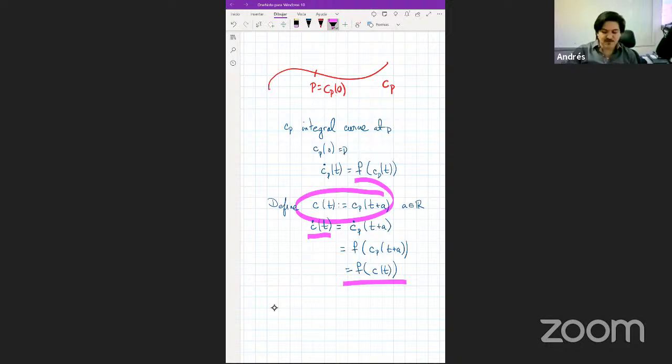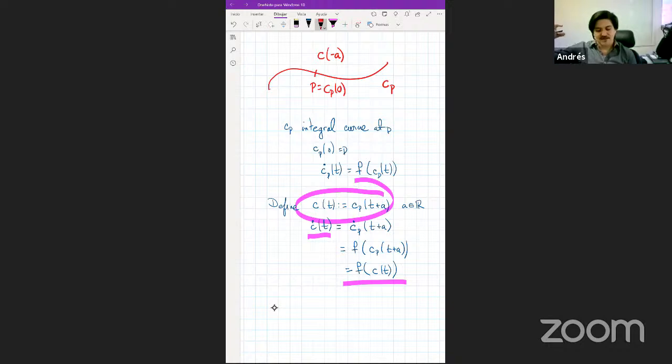But the only trouble is that at 0, or maybe now here, this is C of minus A. But I want you to understand that, as I said, the image is the same curve.